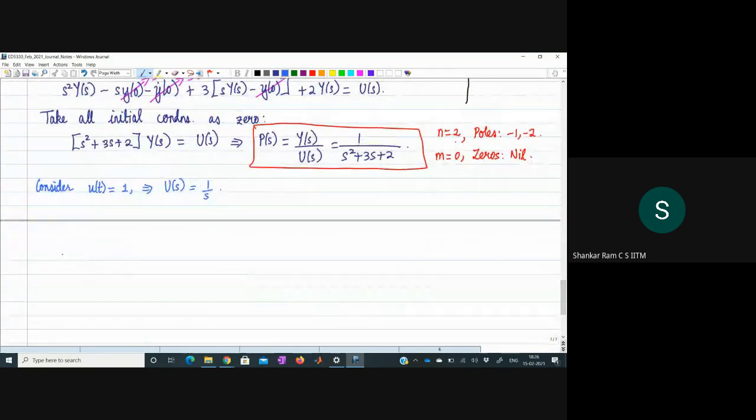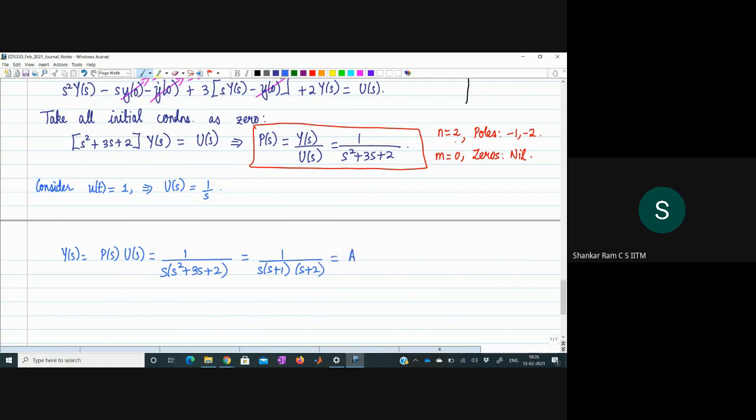Okay, so Y(s) is going to be equal to P(s) times U(s). This is going to be equal to 1 divided by s times (s squared plus 3s plus 2). This can be rewritten as 1 divided by s times (s plus 1) times (s plus 2).